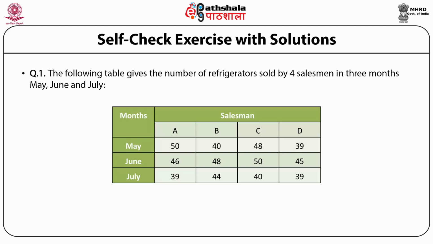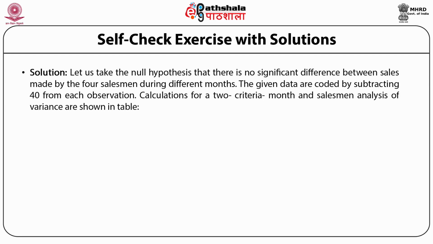Is there significant difference in the sales made during different months? For this, let us take a null hypothesis that there is no significant difference between sales made by 4 salesmen during the different months.